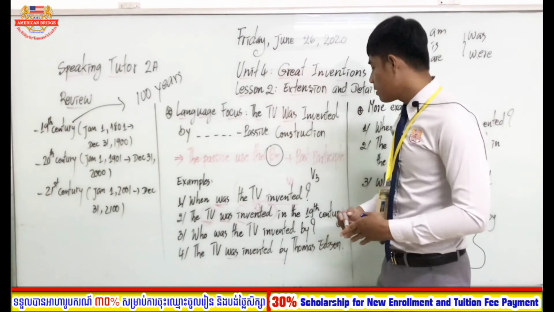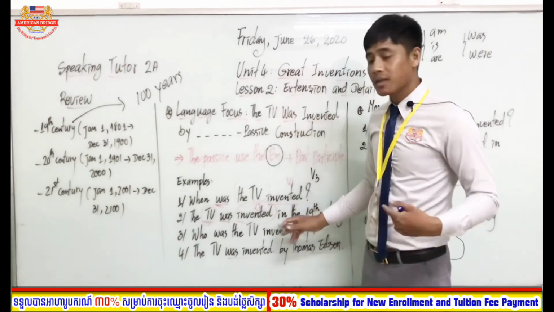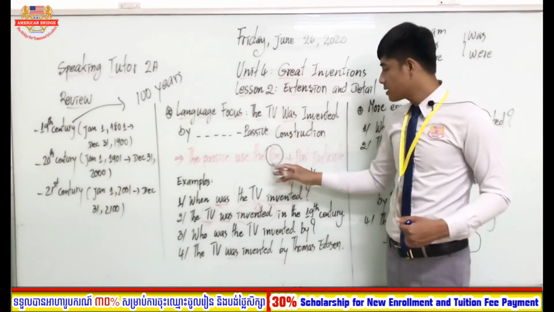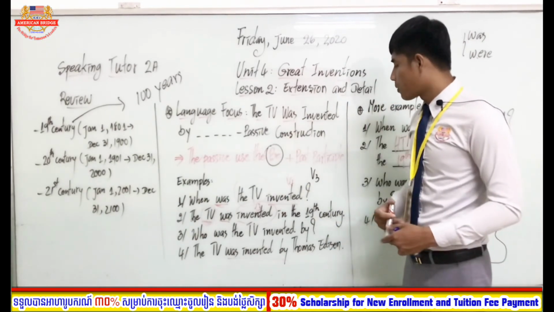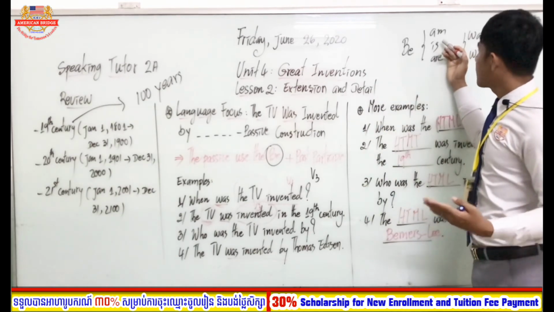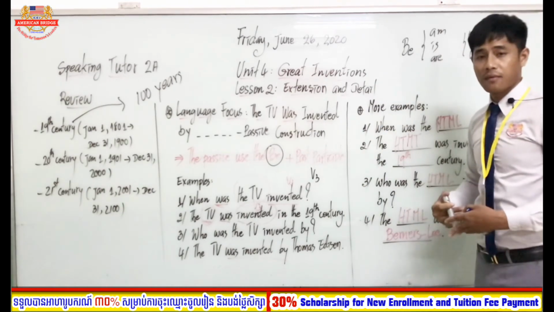That's why we call it a passive sentence. The form of a passive sentence is be plus past participle. If we talk about be, in the present it is am, is, are, and in the past was, were.